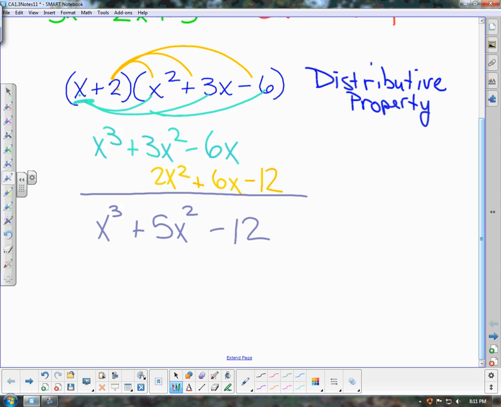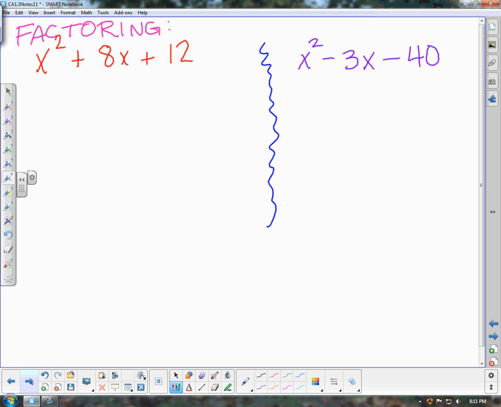Now some other things that you're going to end up having to do in this section would be to factor things. Here, this first one, x squared plus 8x plus 12. Remember, when you're factoring, you need to find pairs of factors of 12 that will add up to 8. Just to list all the pairs of factors of 12, that would be 1 and 12, negative 1 and negative 12, 2 and 6, negative 2 and negative 6, 3 and 4, negative 3 and negative 4.